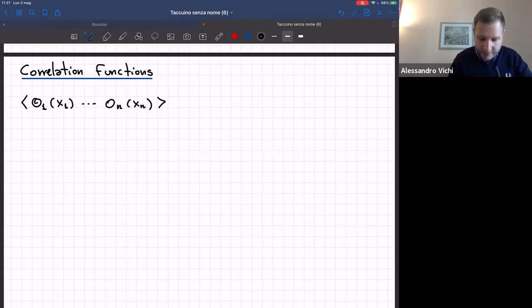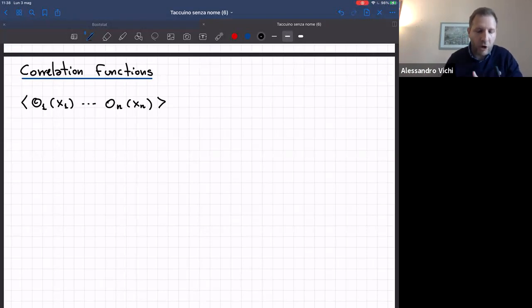And as I was saying, this object is defined by a path integral, which in a field theory and CFT is intrinsically time-oriented. So you have to remember that there's always in the background a definition of time evolution, which will become more clear later.